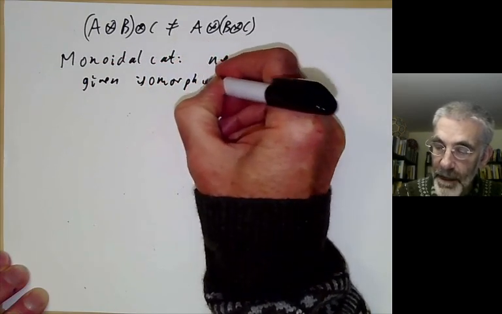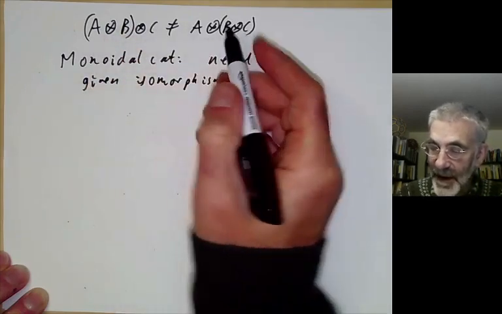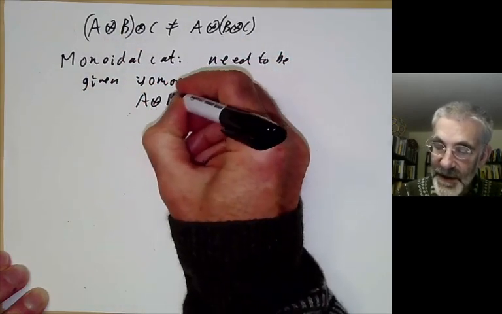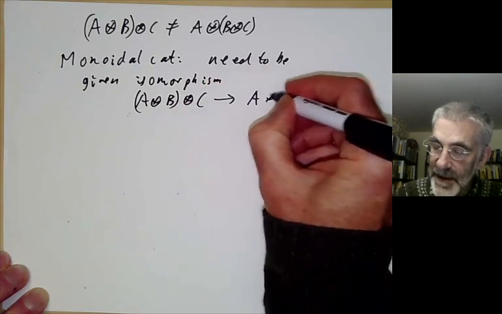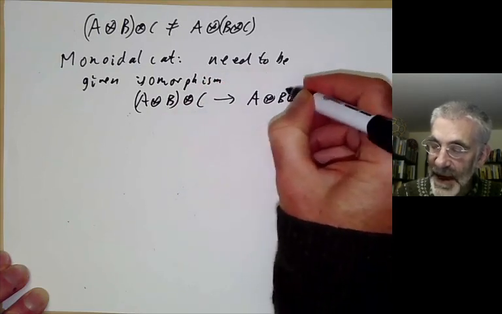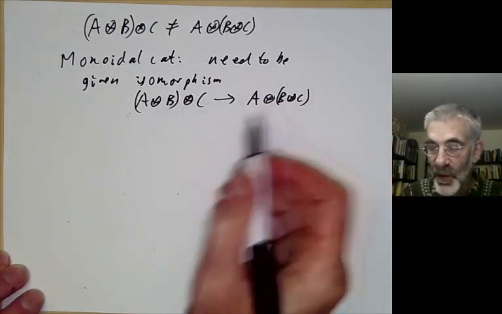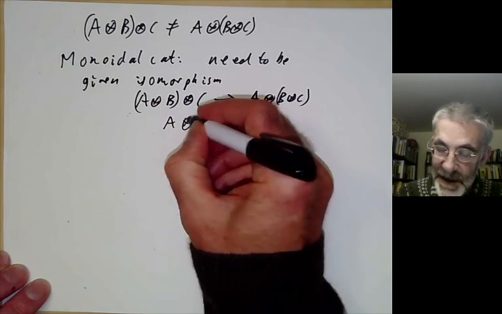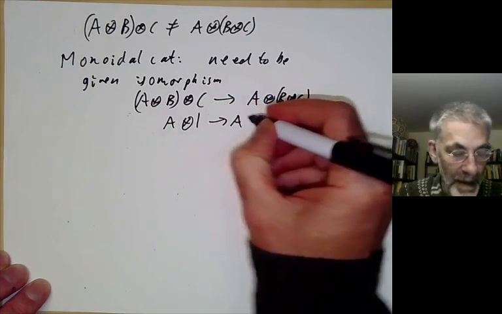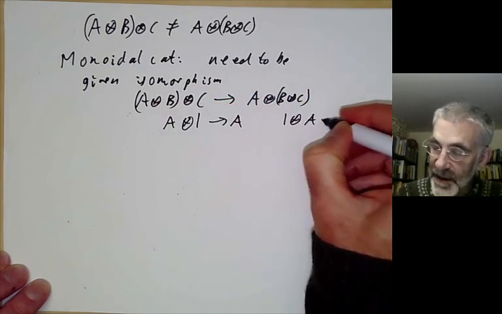So that means an isomorphism from A tensor B tensor C to A tensor B tensor C that's natural, that commutes with morphisms and so on. And we also need to be given isomorphisms A tensor 1 to A and 1 tensor A to A.